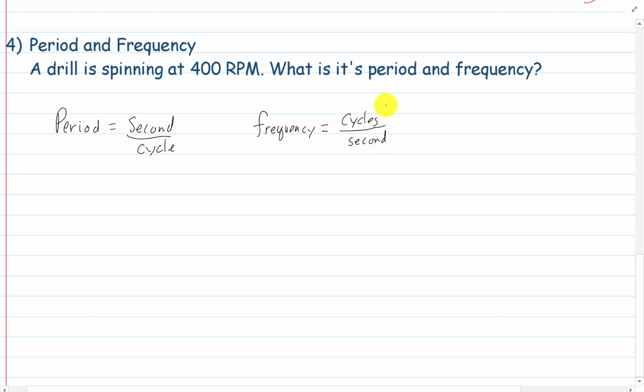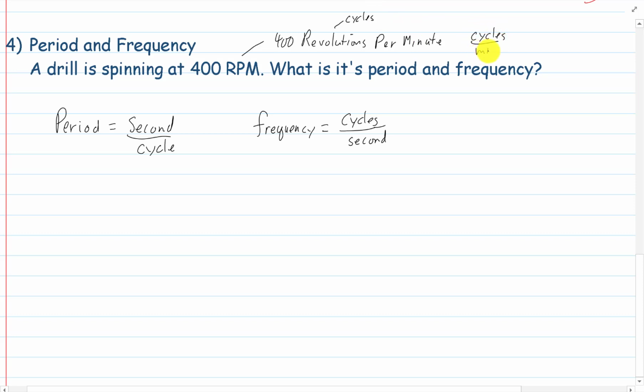Okay, those are definitions. We start off with 400 RPMs. So this is 400 revolutions per minute. So revolutions are like cycles. And so this is cycles per minute.